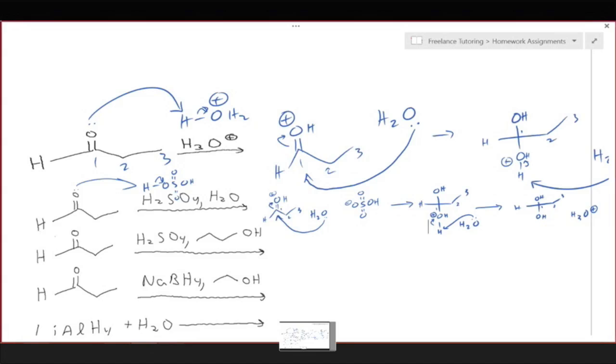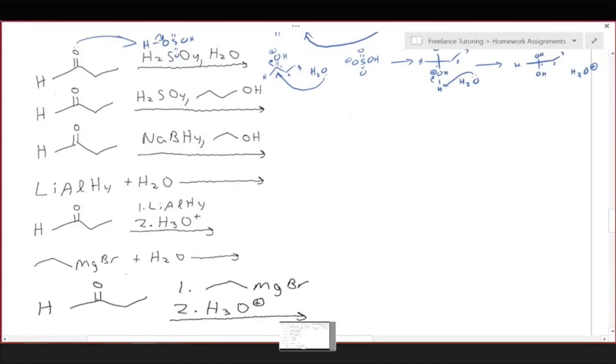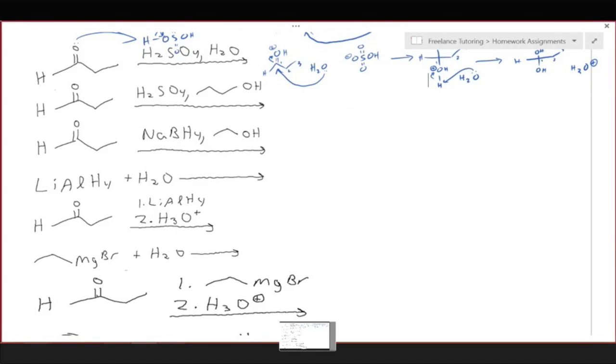You can really imagine it as sulfuric acid in water. So it shouldn't surprise us that when we actually draw out the sulfuric acid in water, we get the same exact thing. That's an important thing to learn about hydronium here. I think we'll leave the next example as homework. So let's move on down to the NaBH4 example.